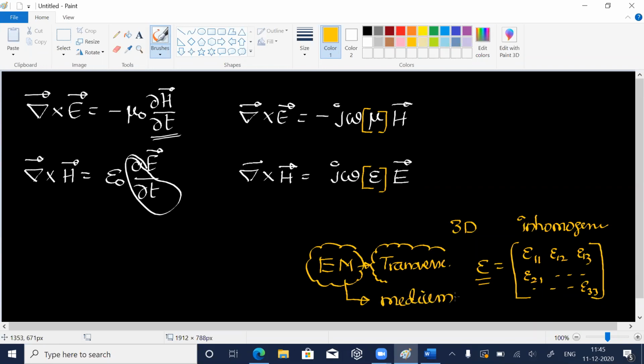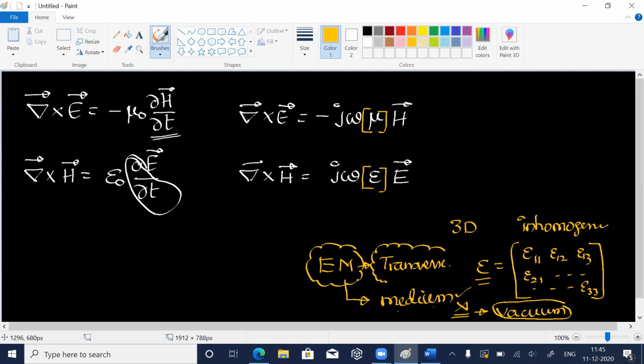So whether a medium is there or not doesn't matter. EM waves can travel even in vacuum, where there is no medium. In a vacuum no sound can travel, but EM waves can travel, light can travel. For example, in a medium, you take water, some pure water like that.